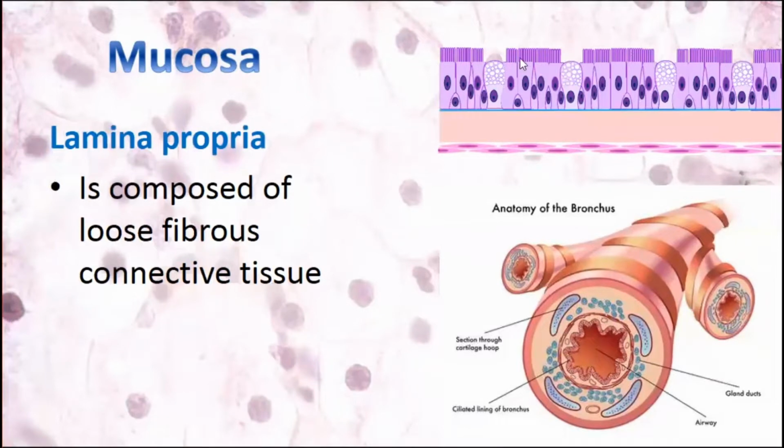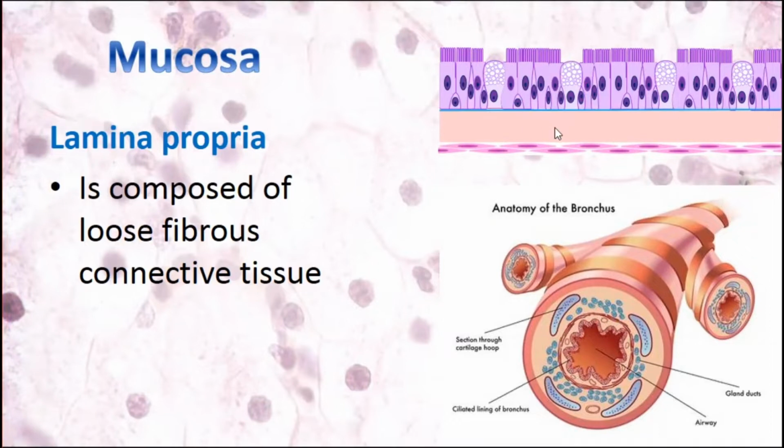So all epithelia, under their basal membrane, have a thin layer of loose fibrous connective tissue. It's an essential layer which provides nutrition of the epithelium. It maintains the epithelium. Also, some immune cells are present in lamina propria, and this layer is similar to the same layer in the digestive system.